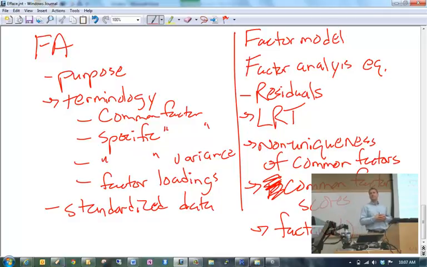So just keep dropping the number of common factors. Again, this is an exploratory method. So if I don't get convergence, if I don't get a model, I'm not going to be as concerned as if I was fitting a regression model to some data and I couldn't get that model to converge. If I have an exploratory method that doesn't work, well, I have other exploratory methods that will work, like principal component analysis.